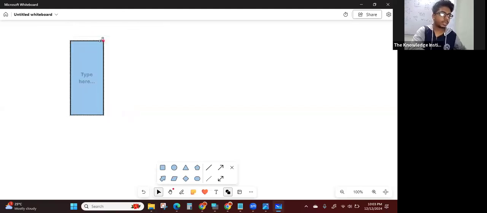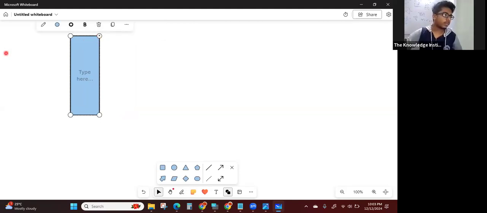Okay, here is the object, and let's say its center of gravity is high, somewhere there.